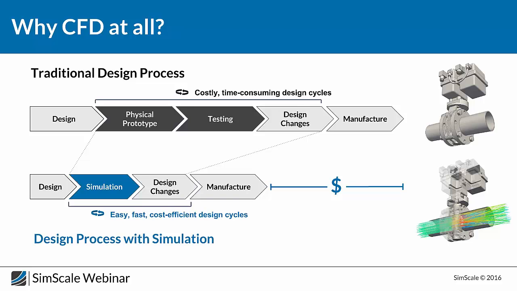The advantages are countless. It's much easier to do. It's way cheaper. It's feasible for everybody to actually perform simulations compared to the requirements that physical prototyping and testing has. So overall, it really introduces a new way of designing and developing a new product.